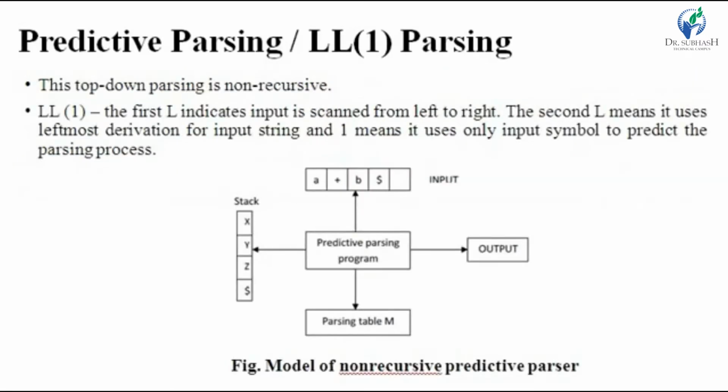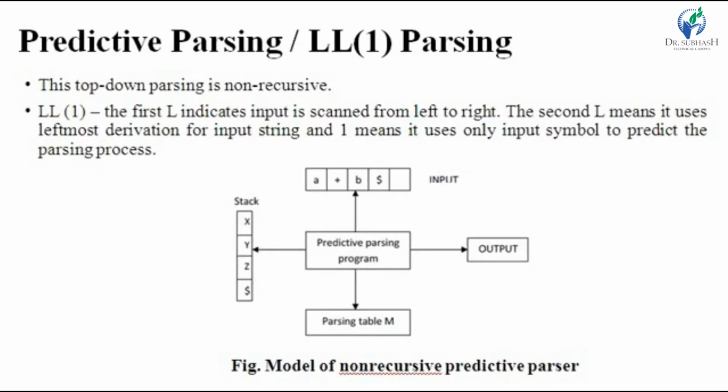Next is predictive parsing or LL(1) parsing. This is a top-down non-recursive parsing. In LL(1), the first L indicates that the input is scanned from left to right.